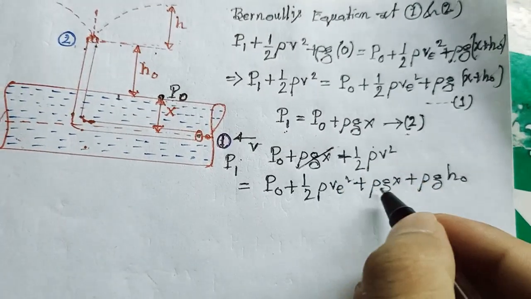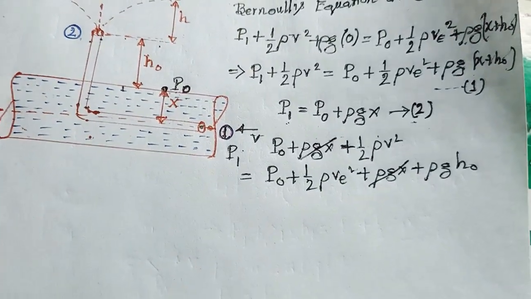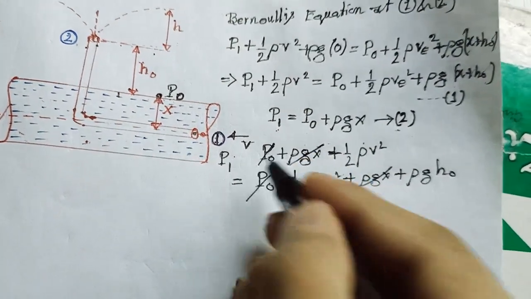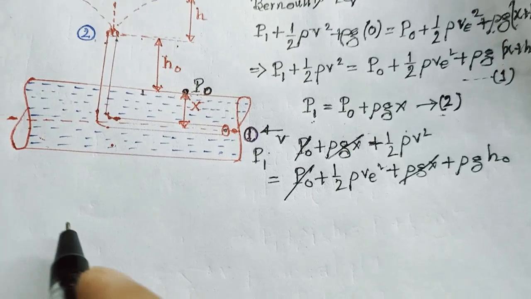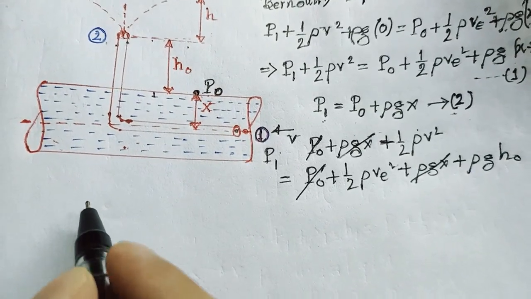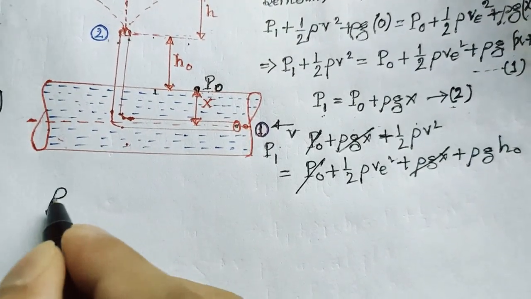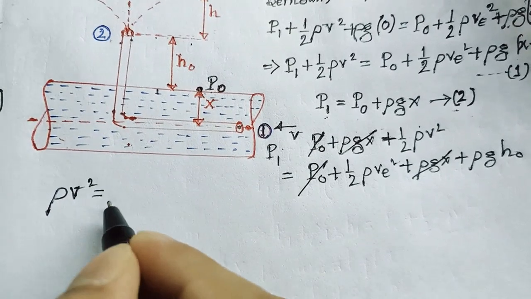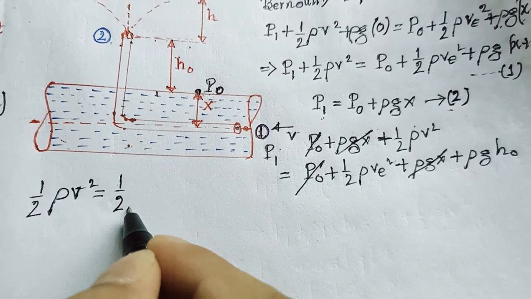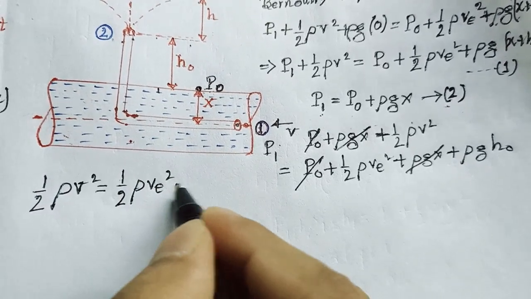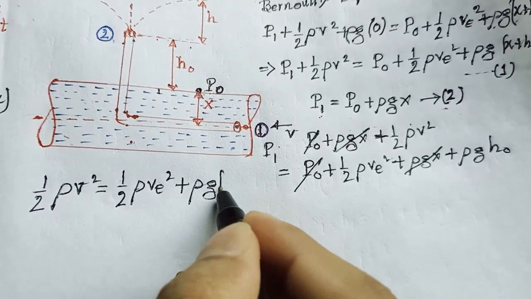Now this rho g x and this rho g x will get cancelled out, this P naught gets cancelled out, and after cancelling we can write half rho v square equal to half rho v e square plus rho g h naught.